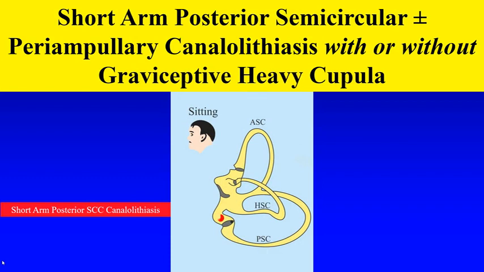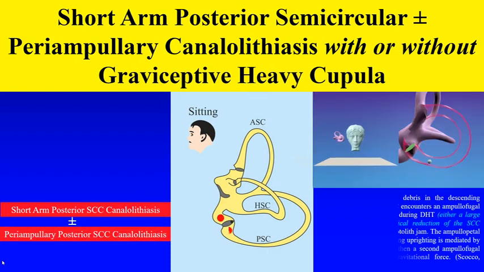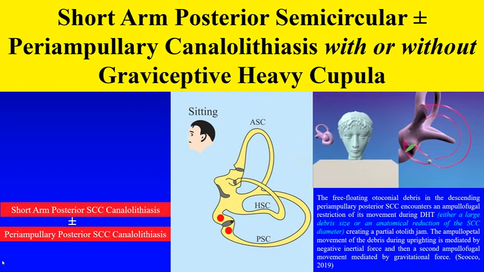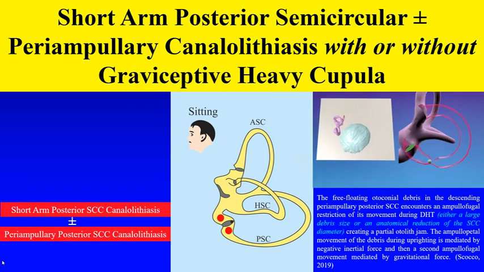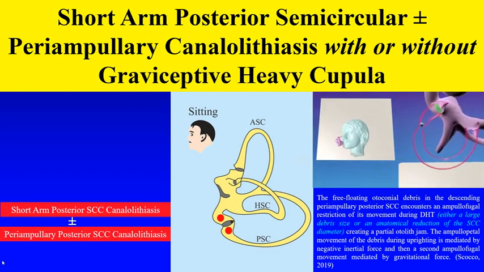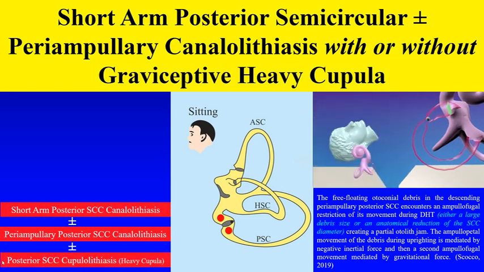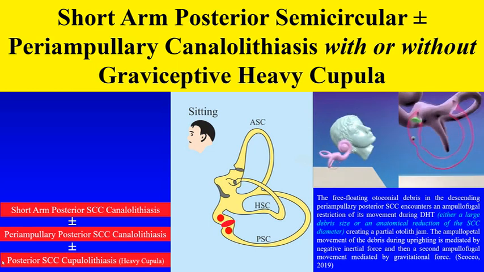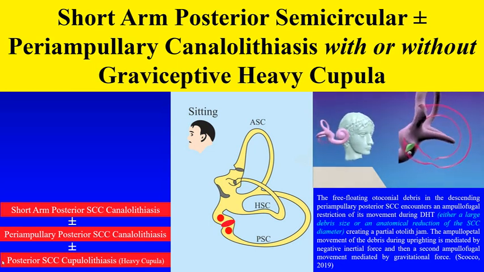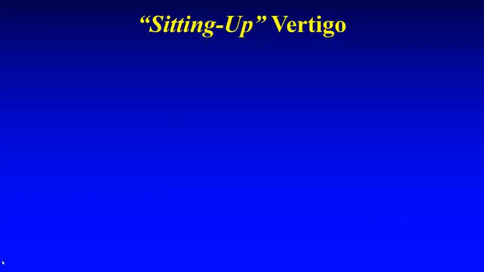The three variants are short arm posterior semicircular canalolithiasis. Second is periampullary posterior semicircular canalolithiasis, which is often associated with a constriction around the periampullary region of the posterior semicircular canal. And the third is posterior heavy cupula. The three conditions often coexist in one or more combinations.